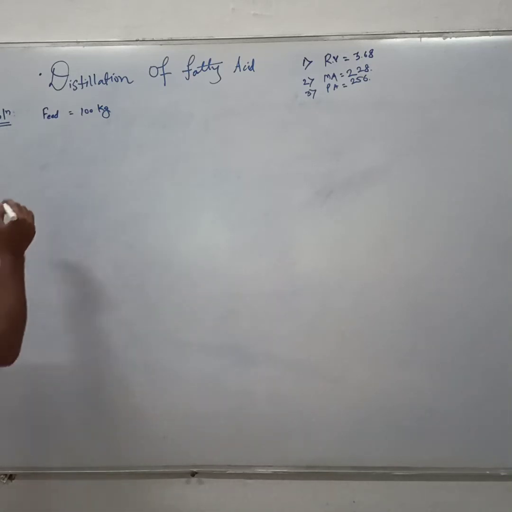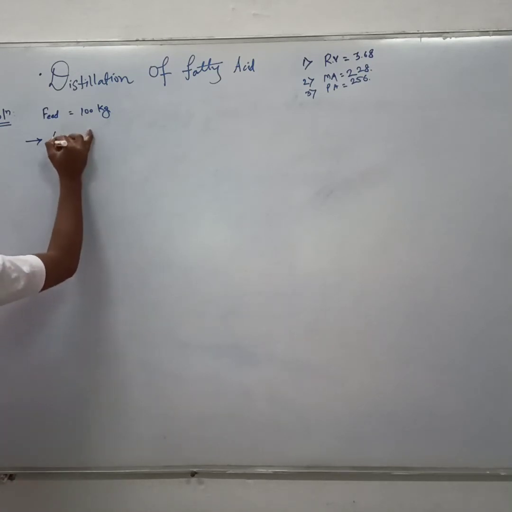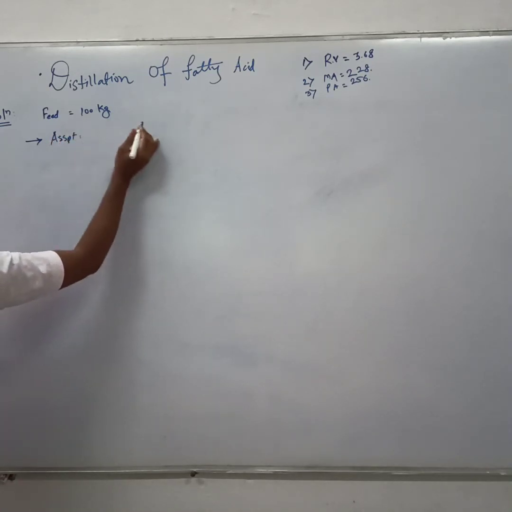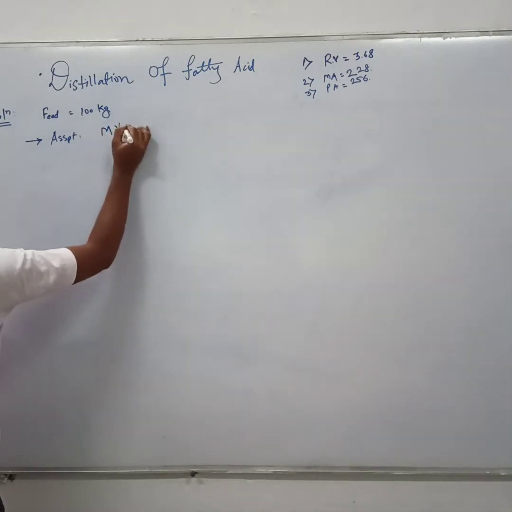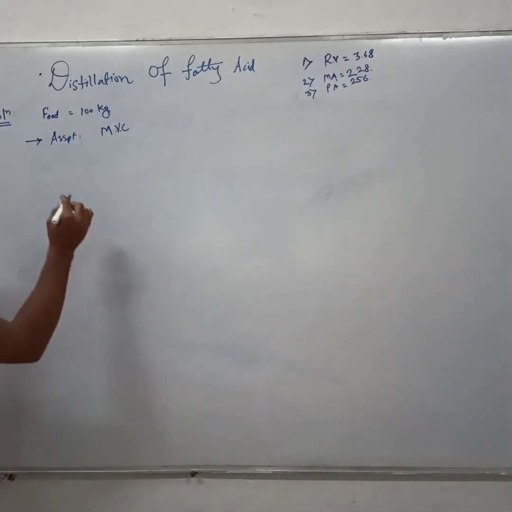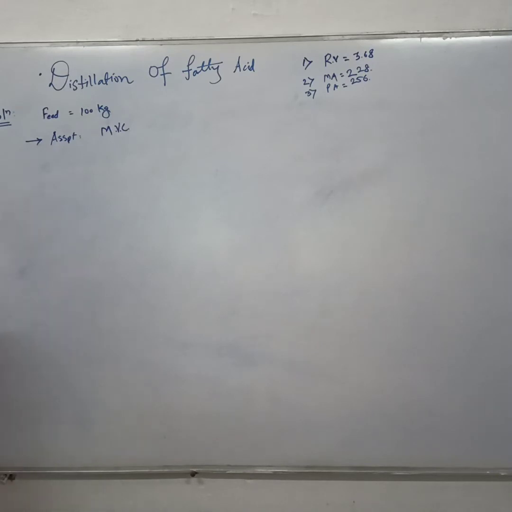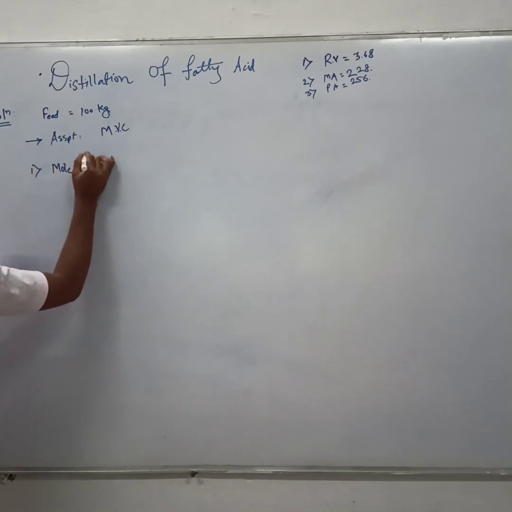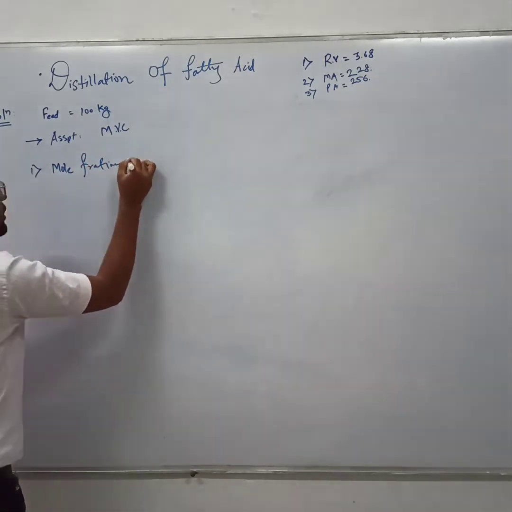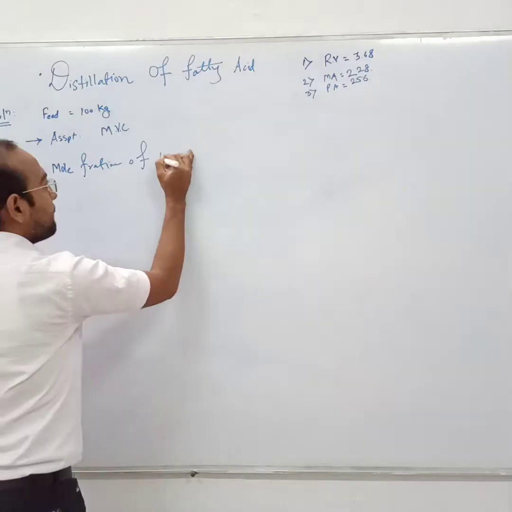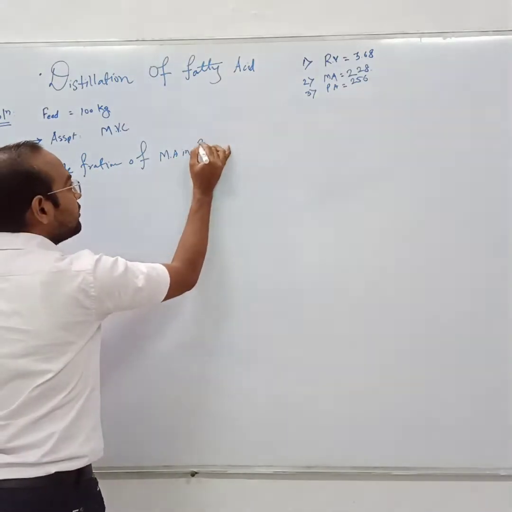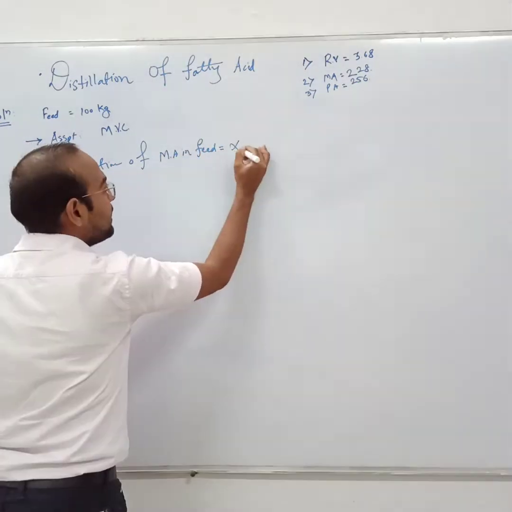Now we will calculate things on a more volatile component basis. There is one assumption: we are calculating everything on the more volatile component basis. Our feed is a mixture of myristic acid and palmitic acid, that is 40 kg plus 60 kg. First we calculate the mole fraction of myristic acid in our feed, denoted by XF.